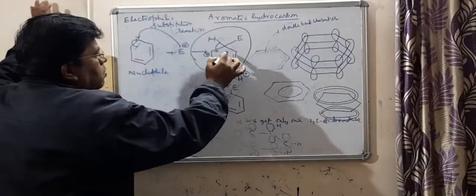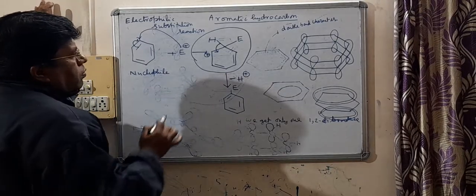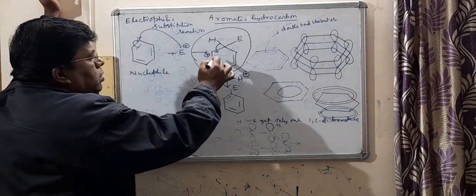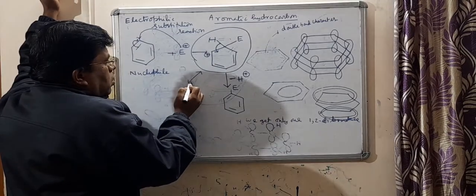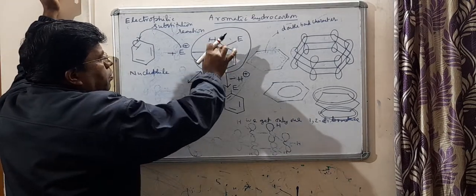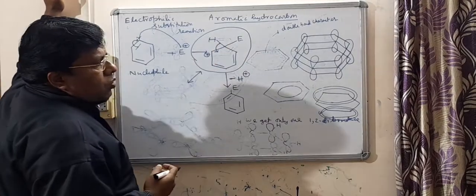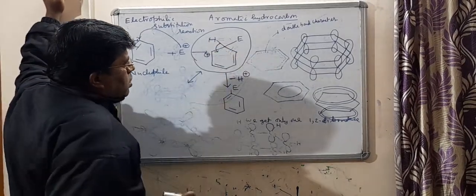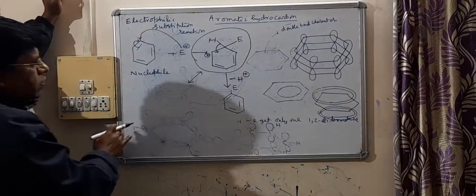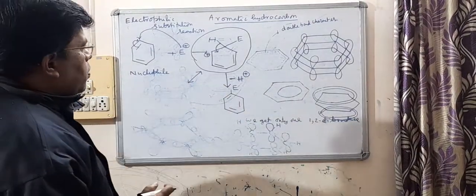It has got some stability. That can be understood from the fact that these intermediates are, though highly unstable, nevertheless having some stability because of the resonance that I am going to draw here.